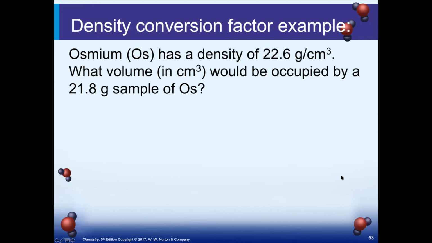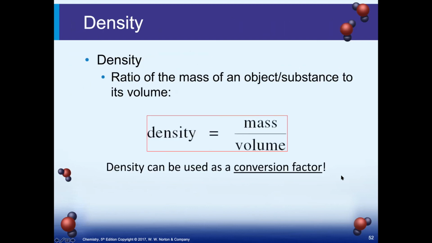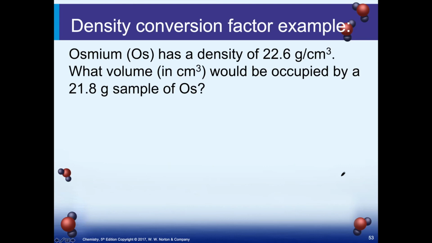All right, so let's start the calculation with the number that we're given that's not a conversion factor, 21.8 grams of osmium. Now, again, this is something that I often will harp on with my students. It's important to write out the units, because that way you see the things cancel that need to cancel, and you see what units you're keeping, so you know if you're progressing towards the correct answer or if you're off on the wrong track.